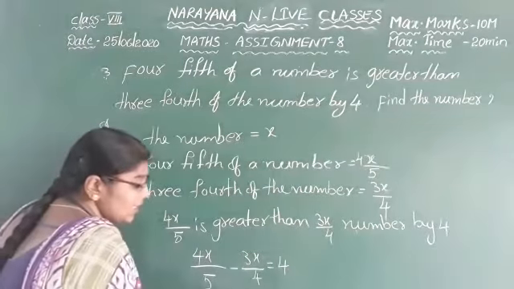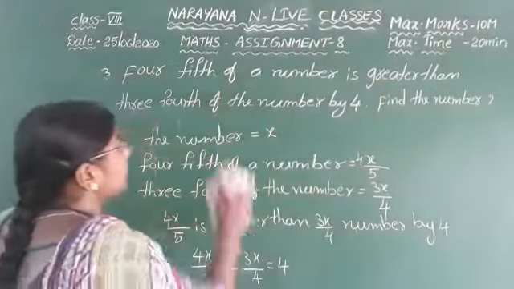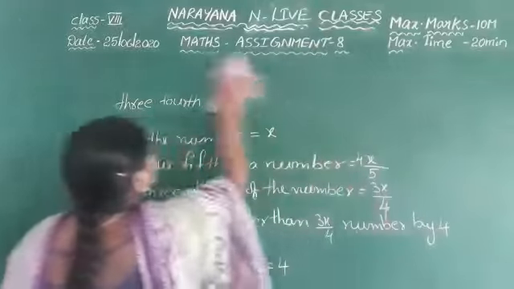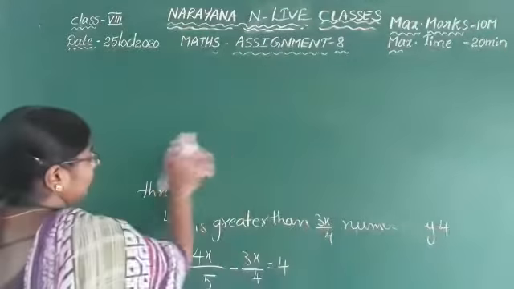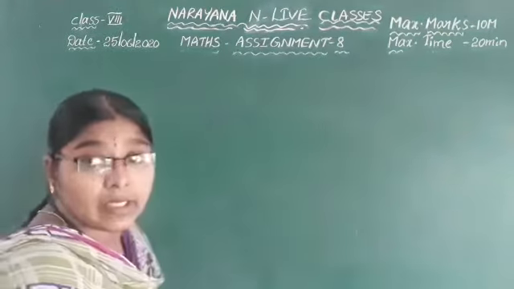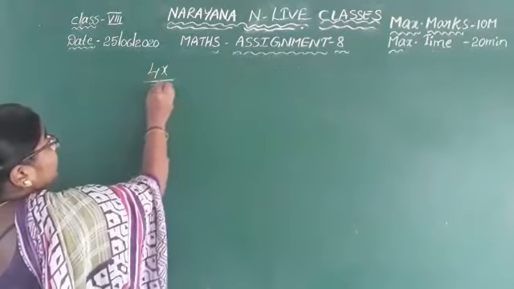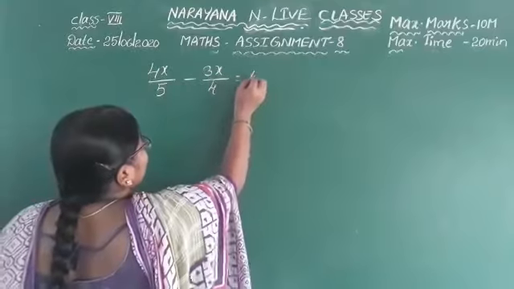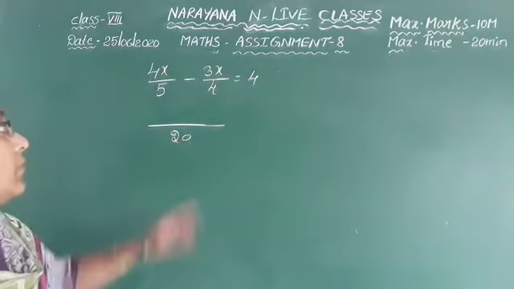Here what is the LCM of 5 and 4? The LCM of 5 and 4 is 20.